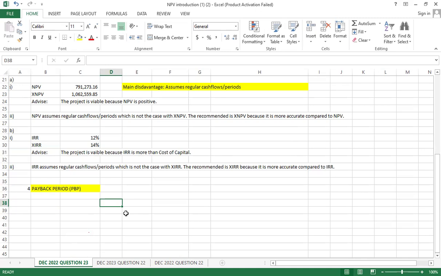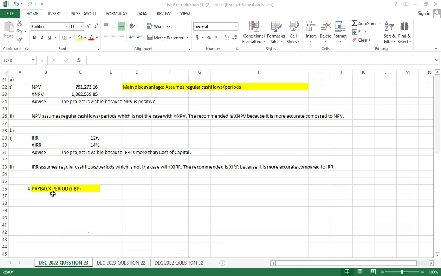So the period that a project takes to do what? To recover the initial investment. So that is right. Dennis also says in the chat that it is the time it takes to get back the amount invested. That is right, Dennis.